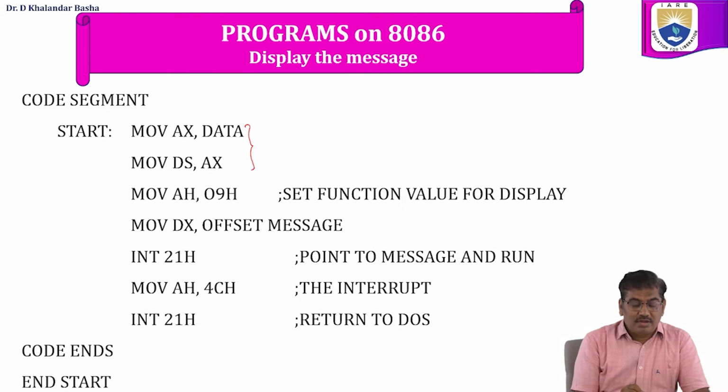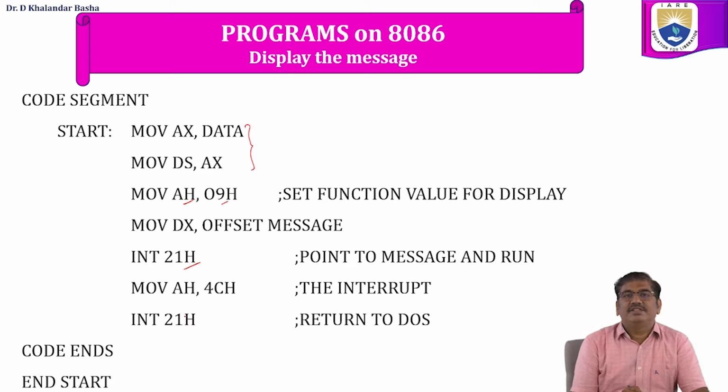Next, for setting the function for display, we load the function value 09H into the AH register. For every INT 21H instruction, whatever function you are going to execute has to be loaded into the AH register. For each and every function, there is a corresponding value.